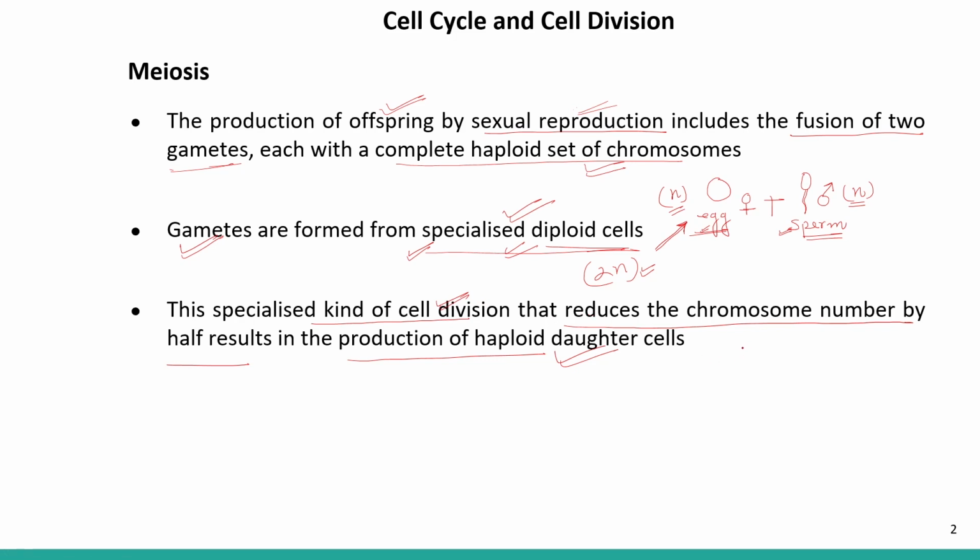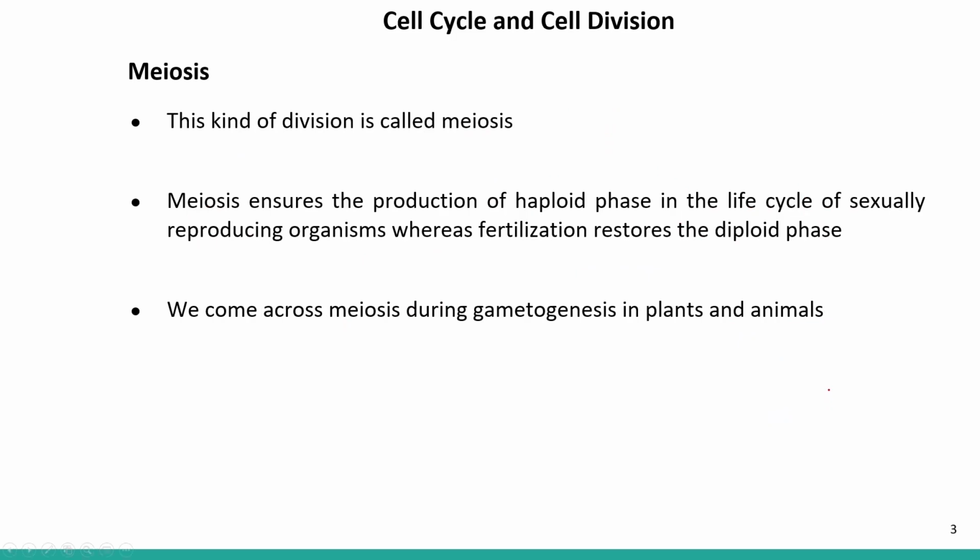If the diploid cell has 46 chromosomes, meaning 23 pairs, as in human beings, then it will form 23 chromosomes, a single set. This kind of cell division is called meiosis, but it is not very simple.